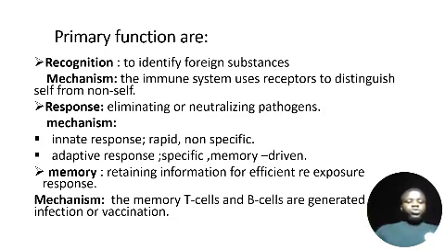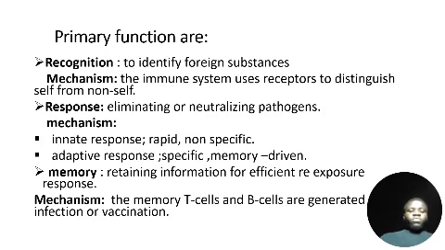Then there is response, which is elimination or neutralizing of pathogens, where innate is rapid and non-specific, and adaptive is specific. Then memory, retaining information from the previous exposure response.